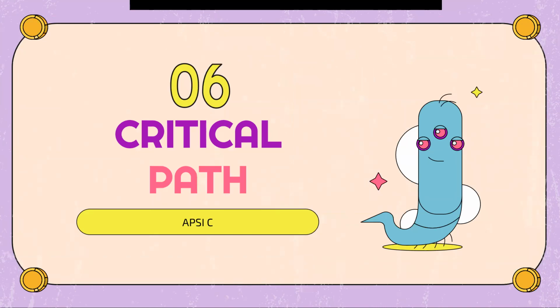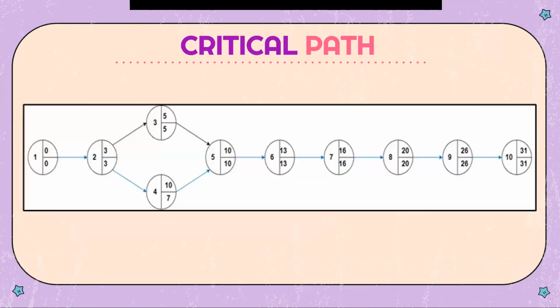And the last one is critical path. Critical path, or we can say critical path method, is a method that uses a network with a linear time cost balance. Critical path describes the sequence of connected activities that produce the longest overall time period.